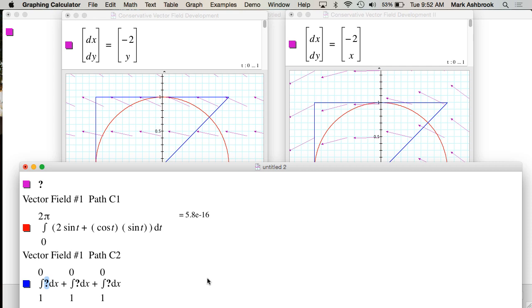Okay, so vector field number 1, path C1. For my integral, I got 2 sine t plus cosine t sine t. Is that right? And we're going from 0 to 2 pi, right? And you get 0. But this is 5.8 times 10 to the minus 16, right? So it's doing some kind of numerical method to find that integral, right?